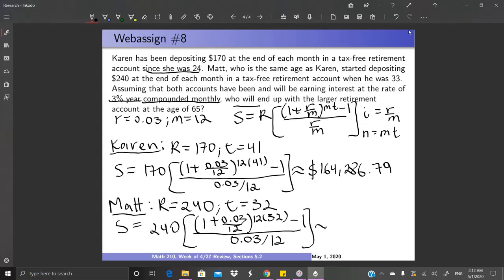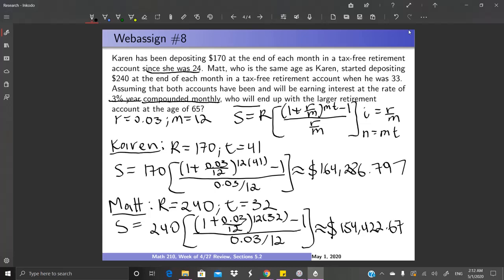When we calculate this, that comes out to around $154,422.67 if we're rounding to the nearest cent. And if we're rounding to the nearest dollar, it's $154,423.